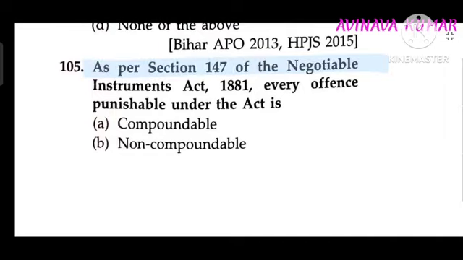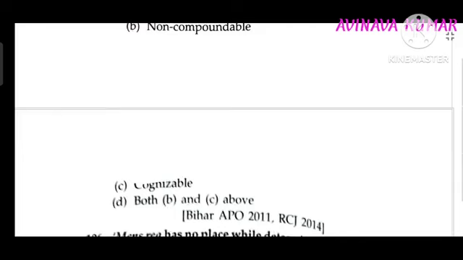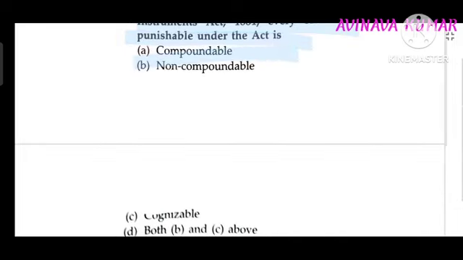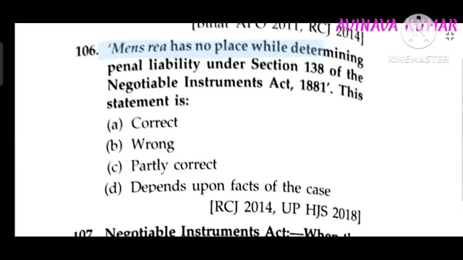As per Section 147 of NIA, every offence punishable under this section is compoundable. Mens rea has no place while determining the penal liability under Section 138 of NIA. This statement is correct.